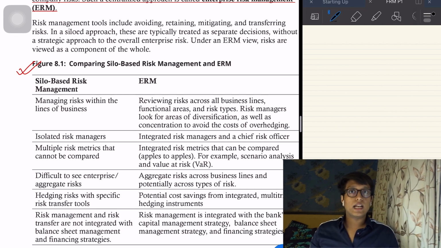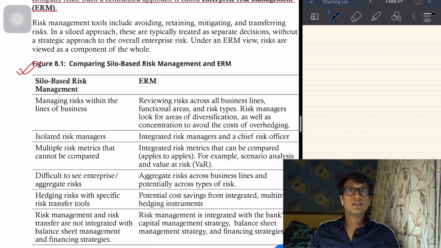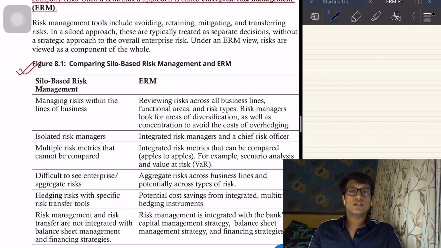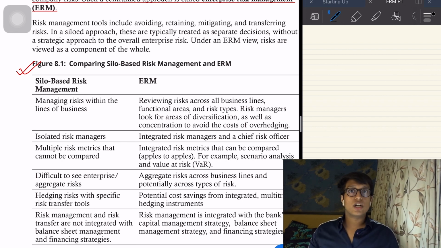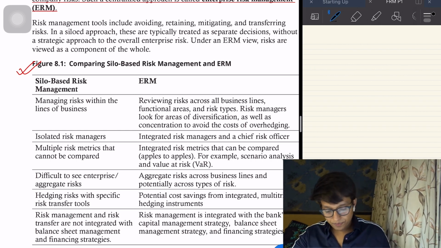So it's technically netted off. It should be netted off, but under silo-based risk management it is not done. What if, under silo-based, this division hedges your risk and this division also hedges your risk? So that is an extra cost, which does not have to be paid under ERM.